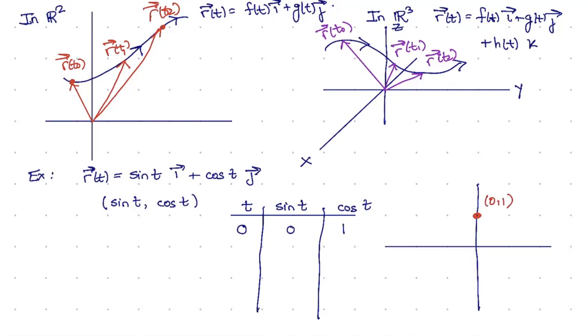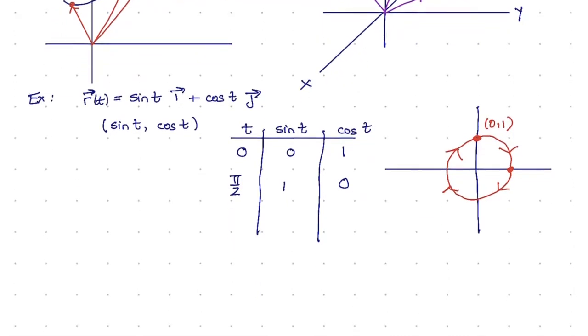We would then go to pi over 2, in which case we would go to the point (1, 0). And so we would see that our circle would be traversing the path of increasing t in the clockwise direction. The arrows that you draw should indicate in which way the curve is being oriented.